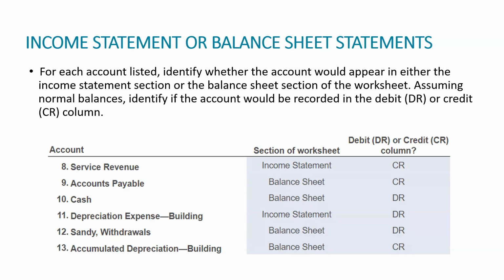Withdrawals and accumulated depreciation will show up in the balance sheet of the worksheet, and it shows as a debit for withdrawals, and accumulated depreciation, building, will show as a credit. So the service revenue account, accounts payable account, cash, depreciation expense, withdrawals, accumulated depreciation. These are accounts that will show up in a financial statement.